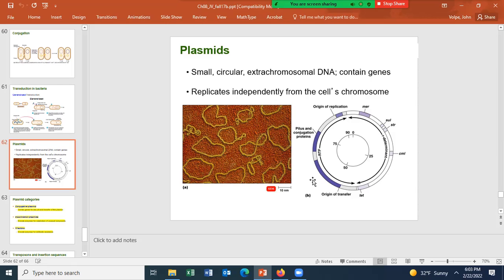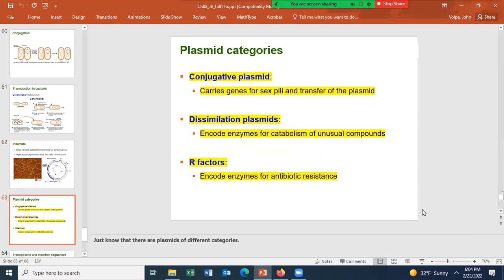So plasmids allow DNA to more easily move between cells of the same generation. And that will help shuffle the genes within a population, mix up the genes. Any question about any of that? Now let me state that there are different categories of plasmids. All you need to know is that there are different categories of plasmids. You don't need to know the different types of categories.